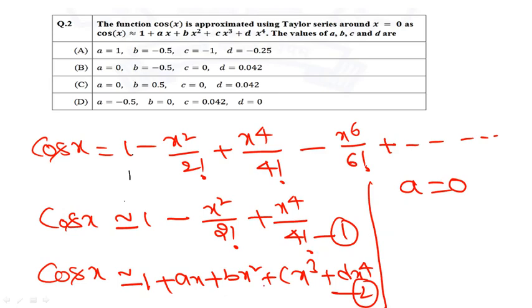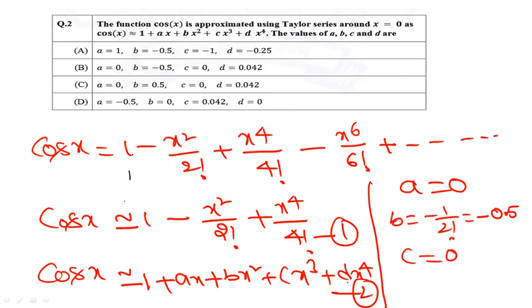The coefficient of x square is b, which is minus 1 by 2 factorial, that is minus 1 by 2, that is minus 0.5. And there is no x cube term, so c will be 0.